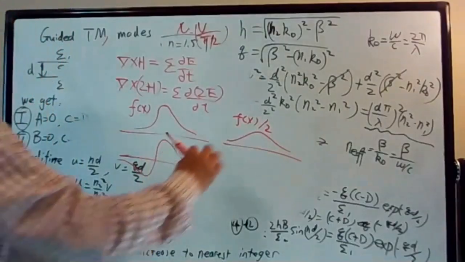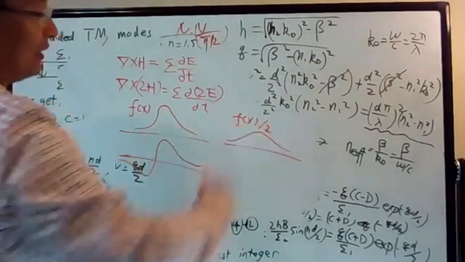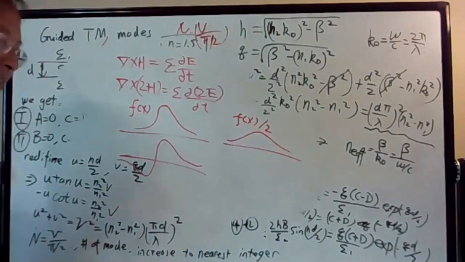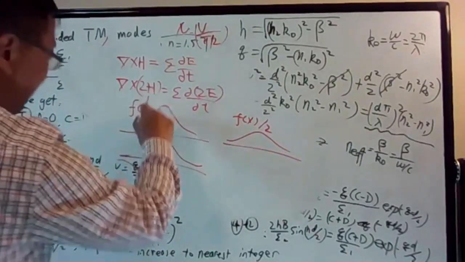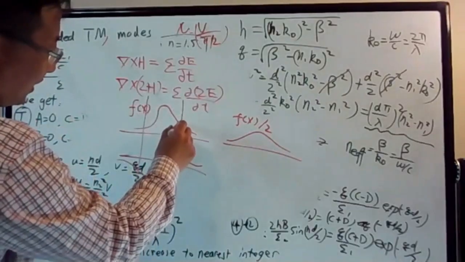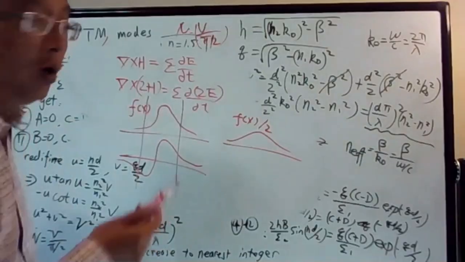Whether the absolute value changes doesn't matter, as long as it preserves the shape, right? And at the boundary, you can see it's continuous, and the derivative is also continuous.